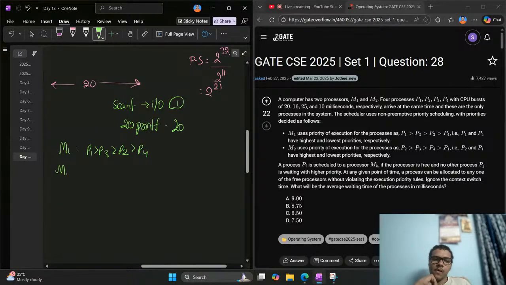M2: P2, P3, P4, P1. If Pi is scheduled to a processor Mk, if the processor is free and no other process Pj is waiting with higher priority.